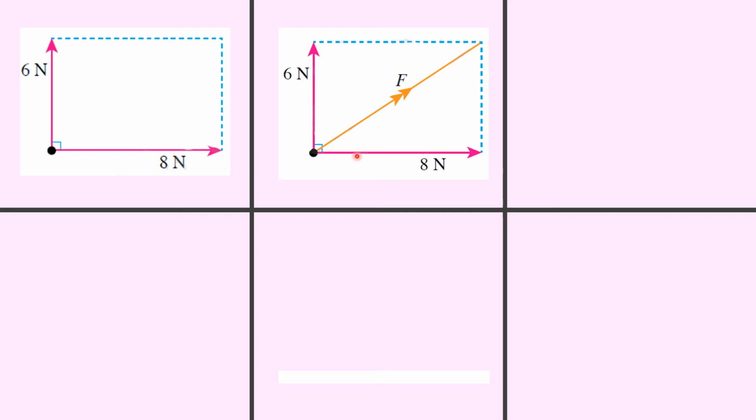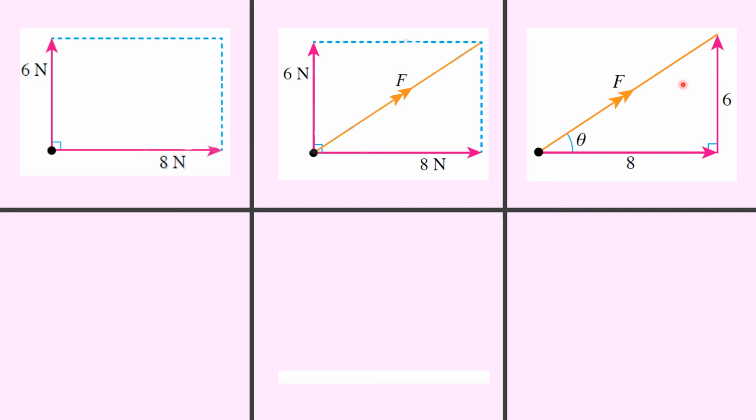In situation 3, you have two forces which are perpendicular to one another. So what you need to do is draw a rectangle here, and then draw a line from the object to the diagonal of the rectangle, and this line is your resultant force. You can also consider drawing your diagram like this.